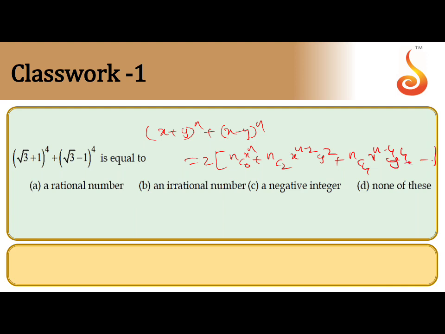This series will come here. So if you add two binomial expansions you get the terms 2 into nc0, nc2, nc4. If you subtract, you start with nc1, nc3, nc5, you will get like this.